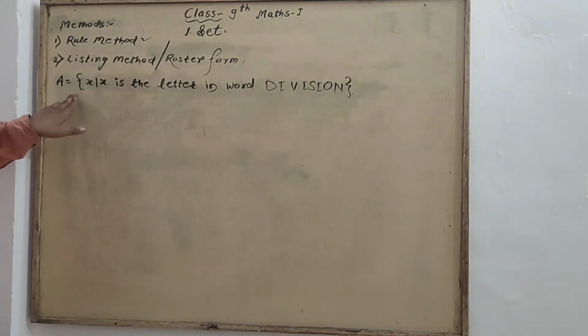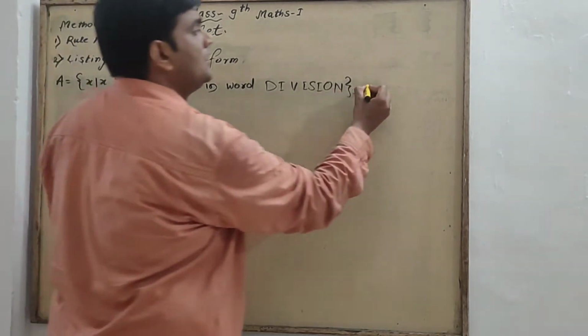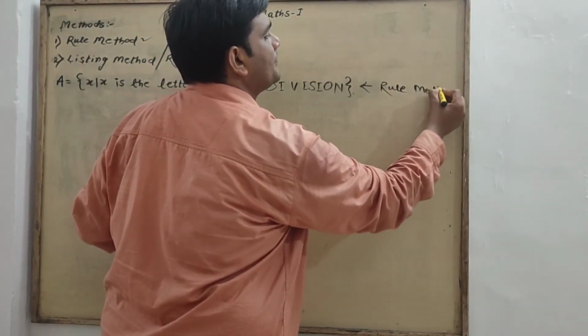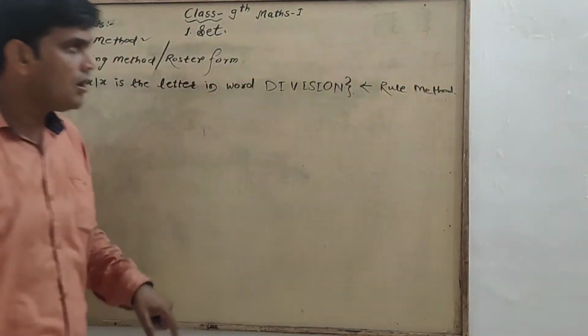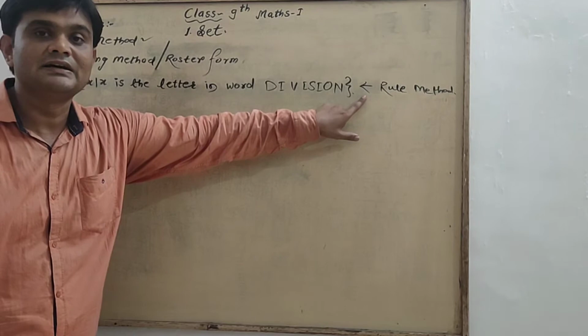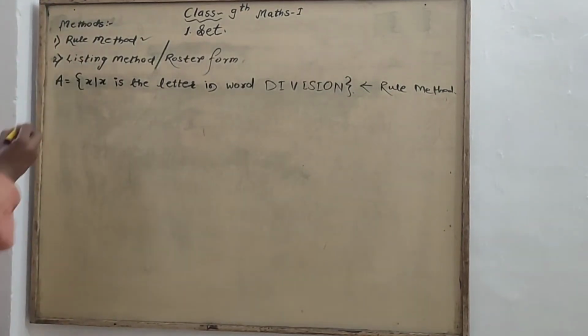Now this is the set given to you in rule method. Accordingly, we have to write this rule method set in a listing form or listing method.